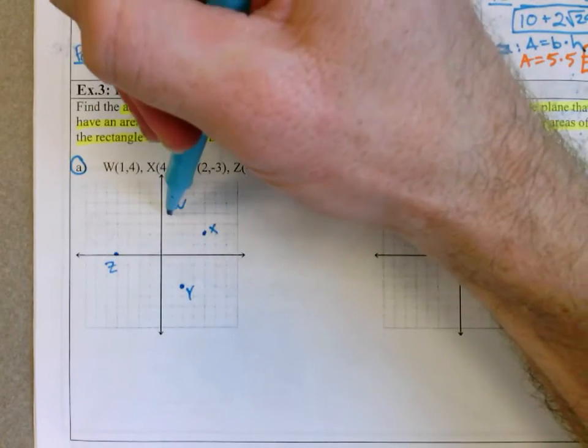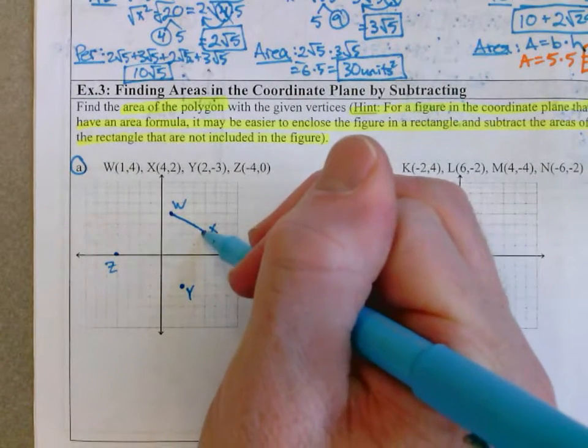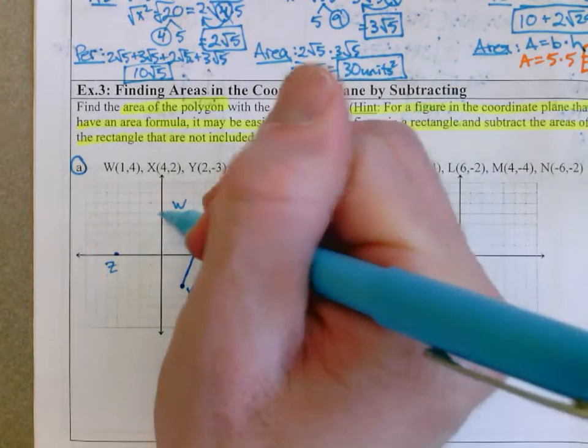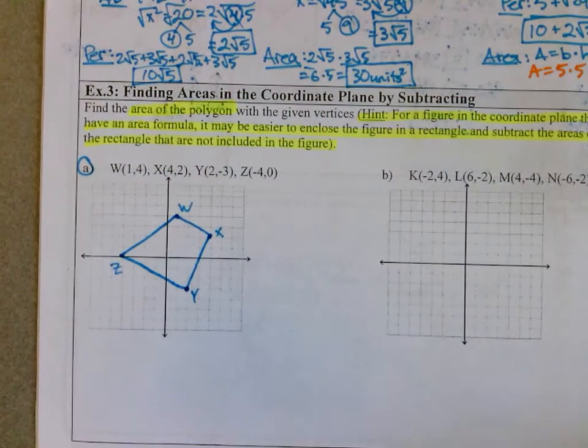If you connect those points, you're going to notice that this is some sort of shape. I mean, you just don't have a name for this. It doesn't look like there are any parallel sides. The lengths all look different. So this is basically just a random four-sided quadrilateral, and there is no formula for that.